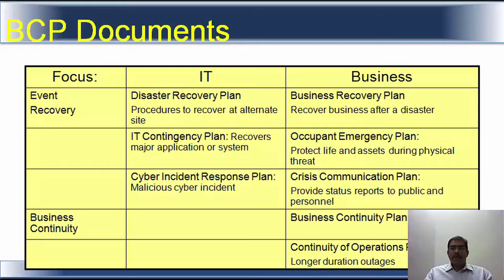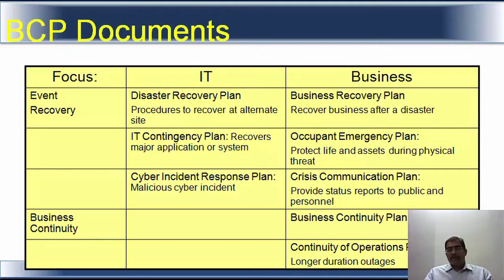Procedures to recover at an alternate site. Under business, you have a business recovery plan or a business resumption plan. That is how to recover a business after a disaster. These are spelled out. Then there is the IT contingency plan. It recovers major applications or systems. So the contingency plan is a very important aspect under your business continuity plan.